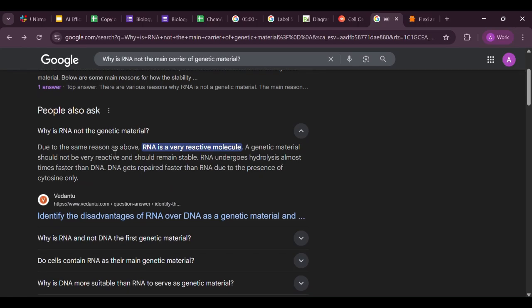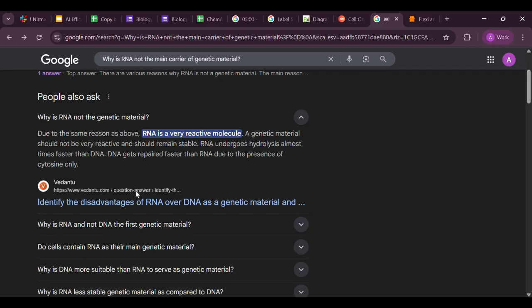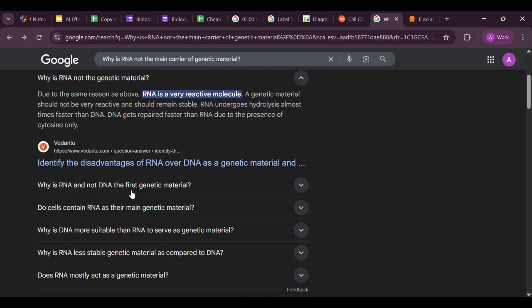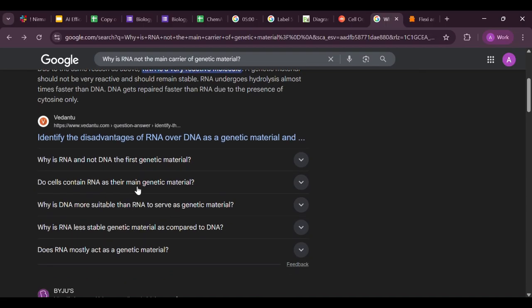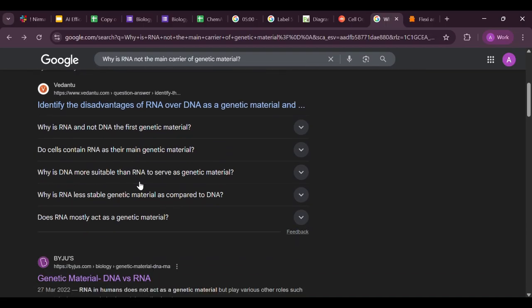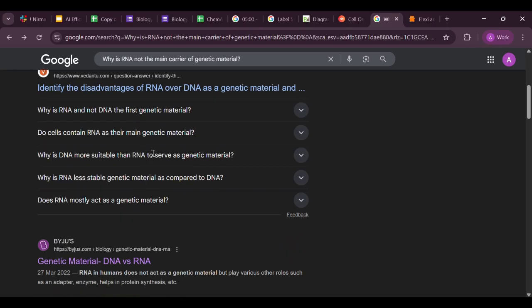RNA is a very reactive molecule. Genetic material should not be very reactive. It should remain stable. RNA undergoes hydrolysis many times faster than DNA. DNA gets repaired faster than the RNA due to the presence of cytosine. No, it is not. Okay, this will be the more suitable answer, I guess.